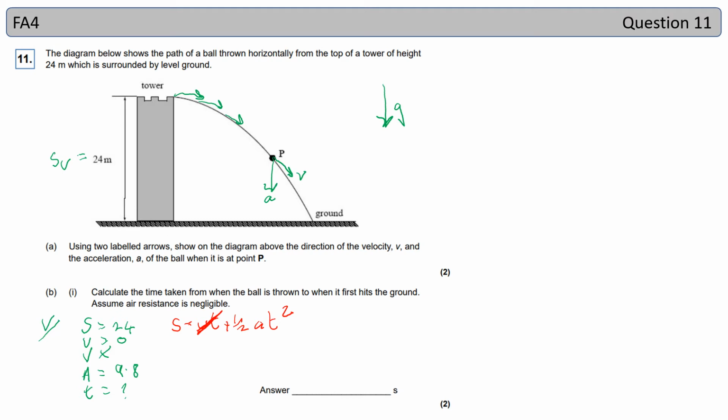So we can rearrange this. t is equal to the square root of 2s over a, which is equal to the square root of 2 times 24 over 9.8, which gives us an answer of 2.2 seconds.